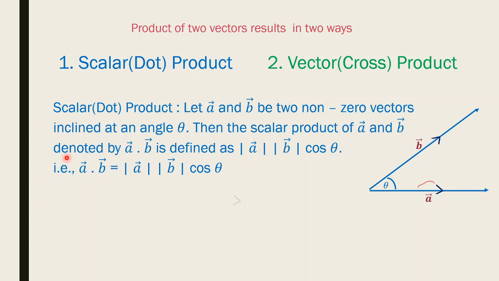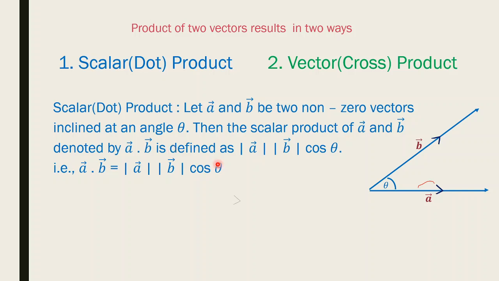Now the question is, why do we call it a scalar product or a dot product? Simple. Dear students, I hope you know the magnitude of A is a scalar quantity, a constant number. If you take the magnitude of any vector, you get one number, maybe 5, 6, 7, 8. Similarly, the magnitude of B is also a scalar quantity.